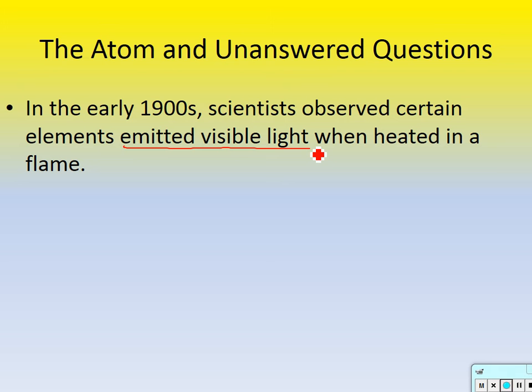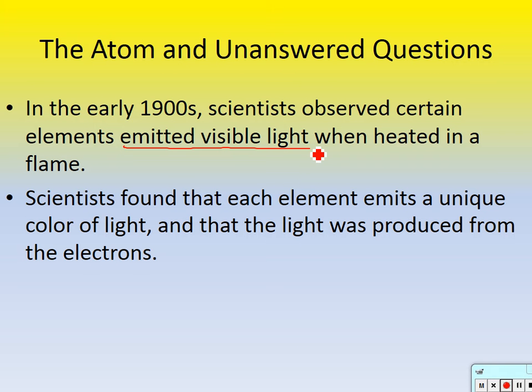It would give off light. And scientists found that each element emits a unique color of light. So every element was a little bit different color. And that the light was produced from the electrons. So, okay, every element has a different color of light, and that they were coming from the electrons.